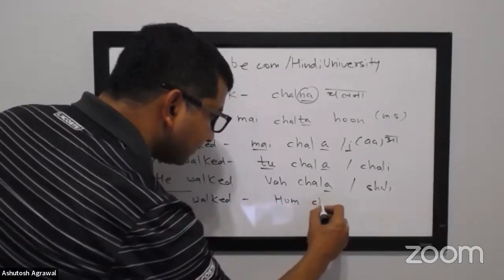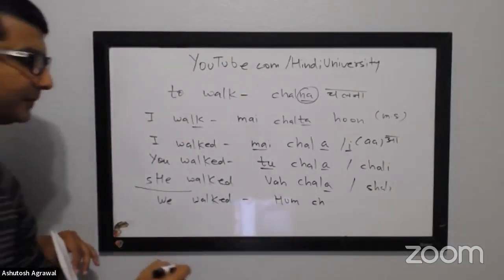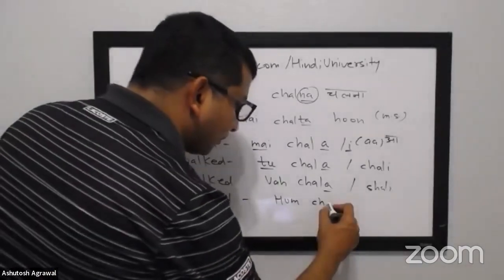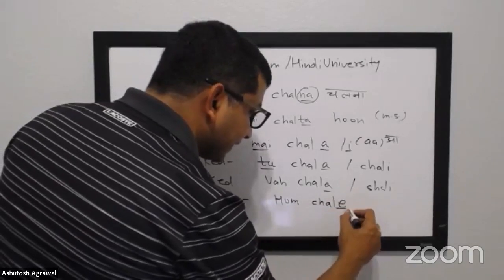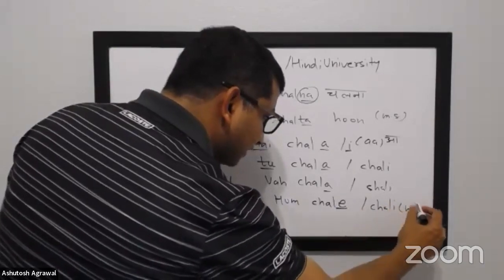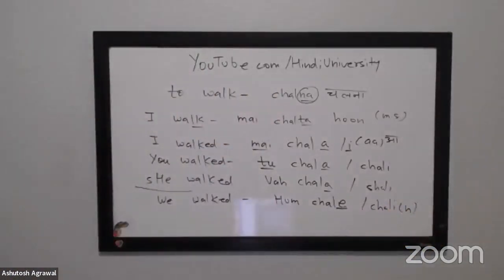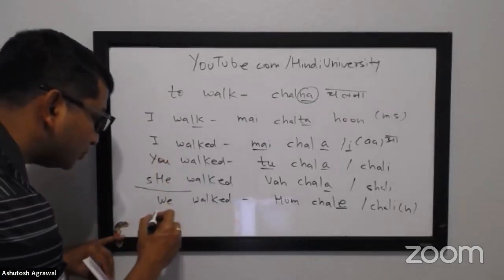If a group of females, hum chali, with a nasalized sound, for female. Okay, a group of females. Hum chale and chali. Okay.